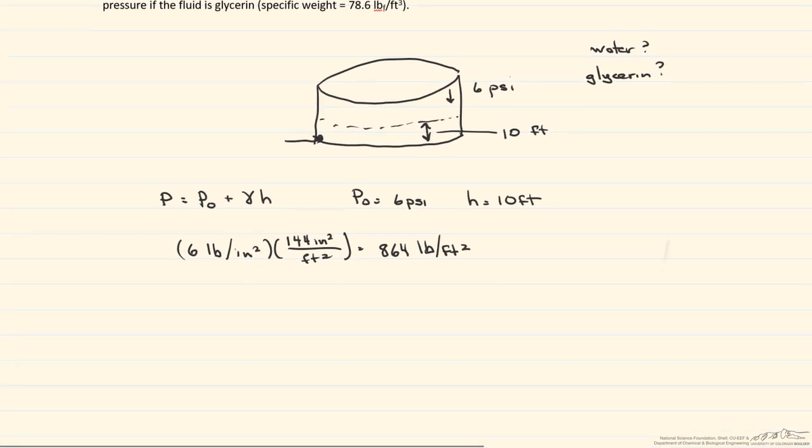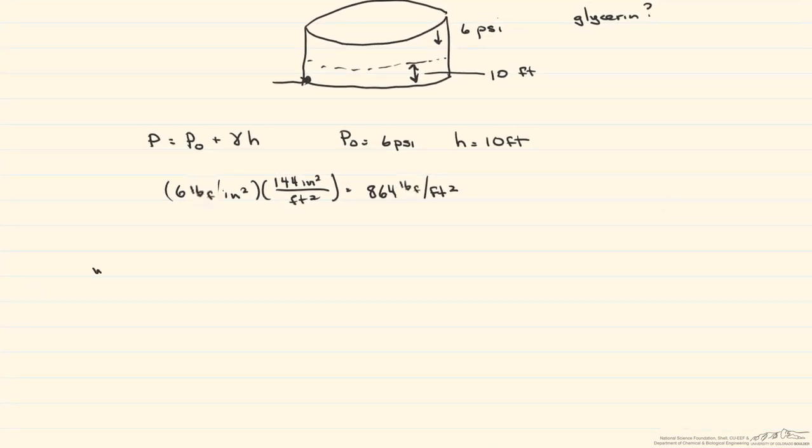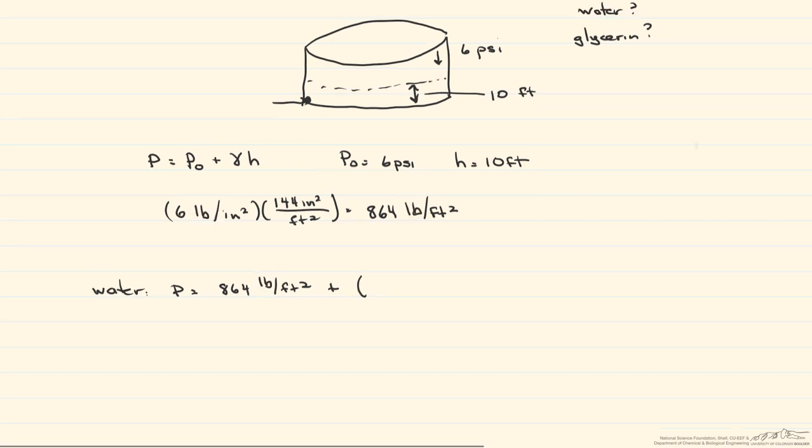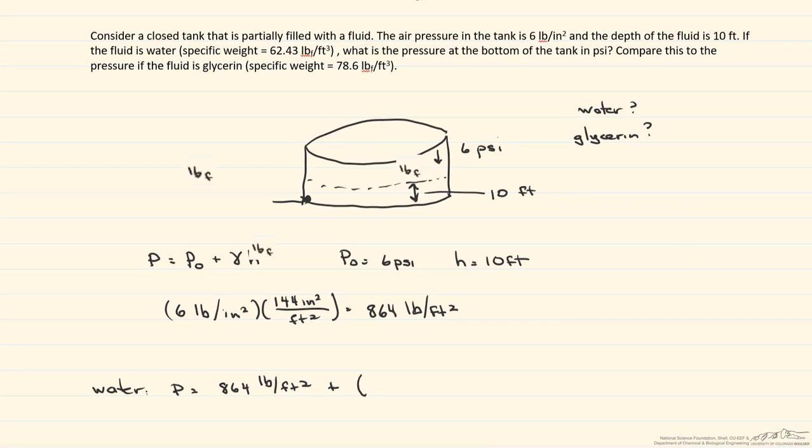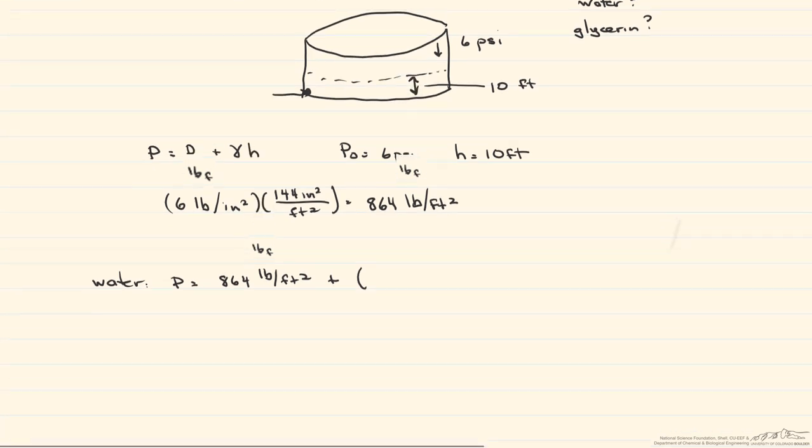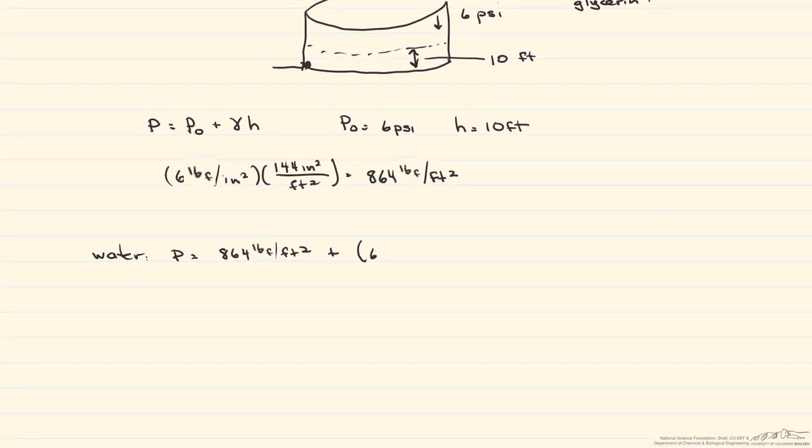So the first thing we're going to do is start with the water. So here our pressure is going to be equal to this 864 pounds per feet squared, and we're going to add to it the specific weight of the water, and that's given right here, 62.43 pounds per feet cubed.